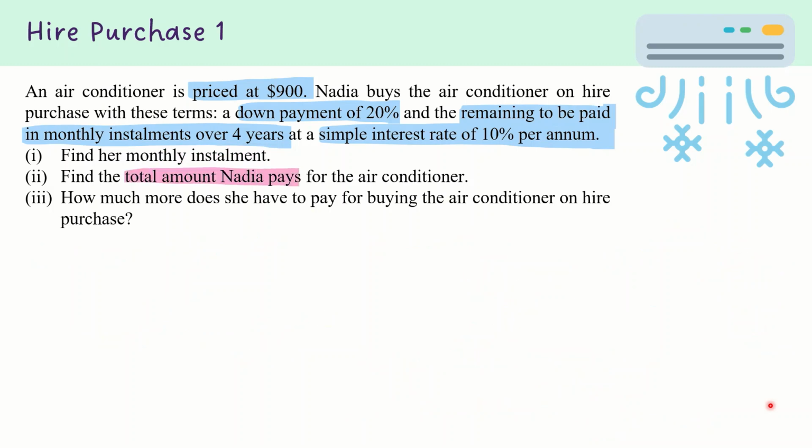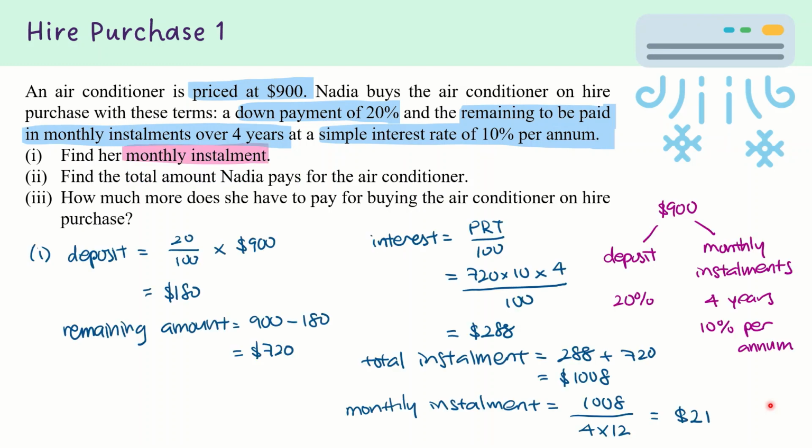So in part 2, we want to find the total amount that Nadia pays for the air conditioner. Earlier on, when I shared with you what hire purchase actually means, I mentioned that when we buy something at hire purchase, usually we will need to pay the interest amount on top of the selling price. And therefore, earlier on in part 1, we have already found this additional amount, which is the interest amount, and that is $288.